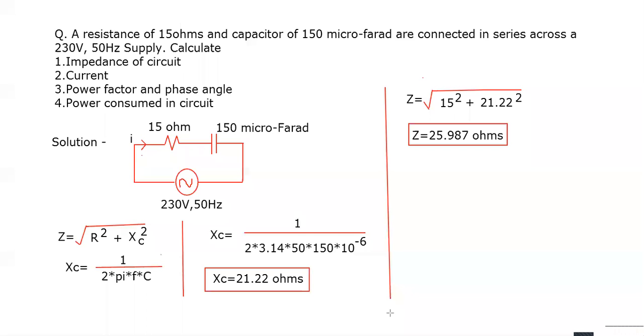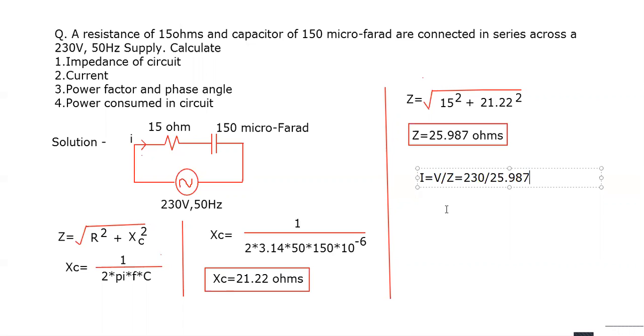We know total current is what? I is equal to V by Z, and V is 230. Z we calculated the value to be 25.987.